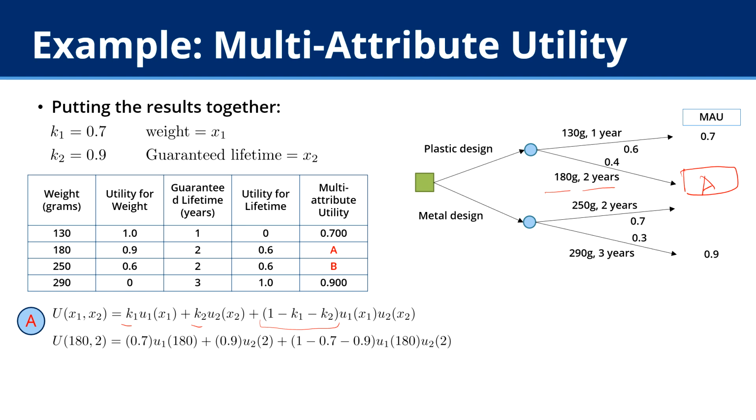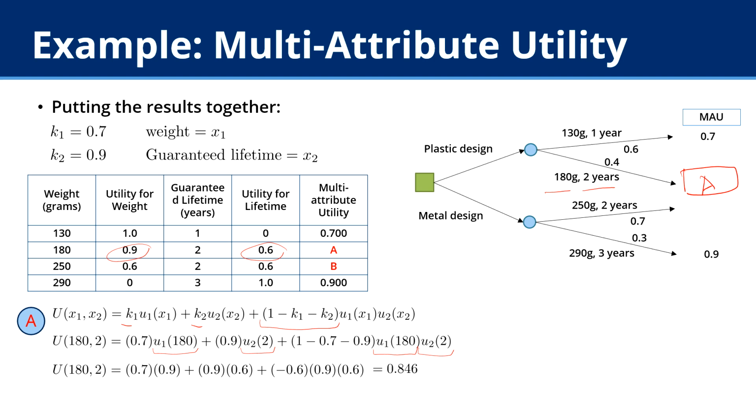So we plug that in. We know what the values are, and the rest you just look up in the table. U1 of 180 is 0.9, and U2 of 2 years is 0.6. We plug those values directly in, and we get the result 0.846.